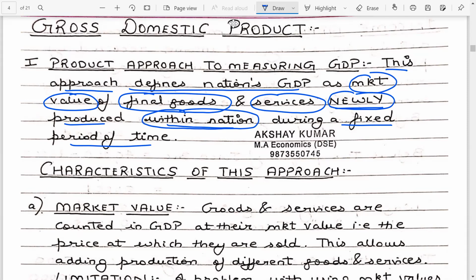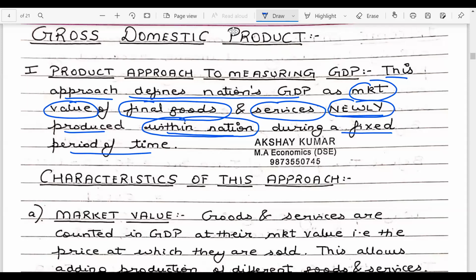If I come to the whiteboard to explain this to students, you need to understand the difference between GDP and national income.